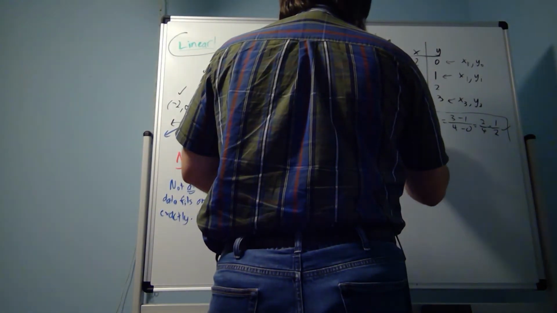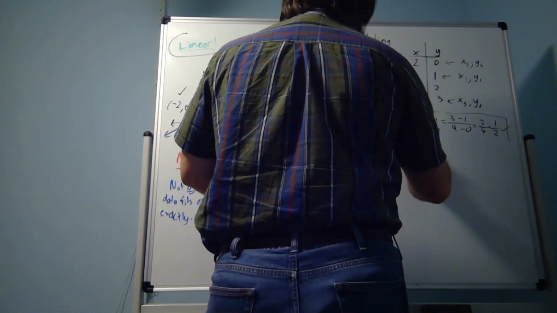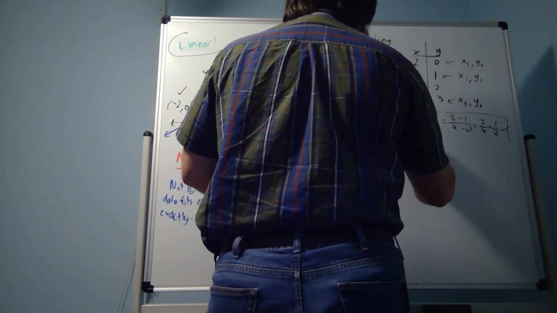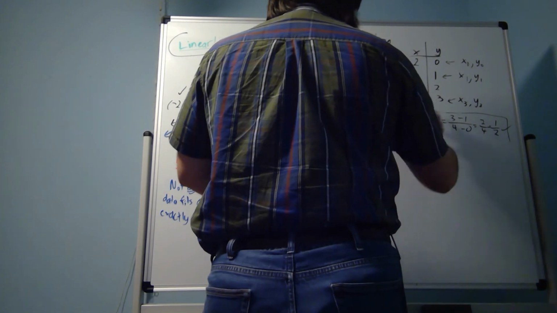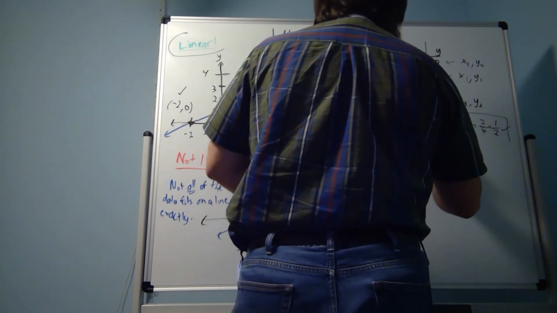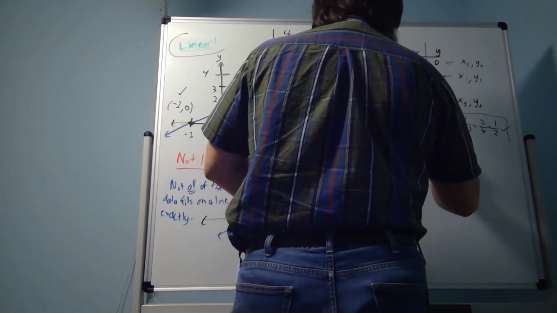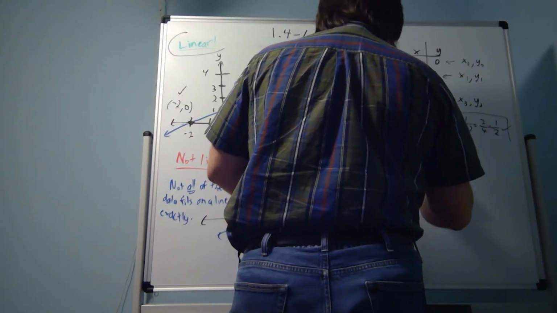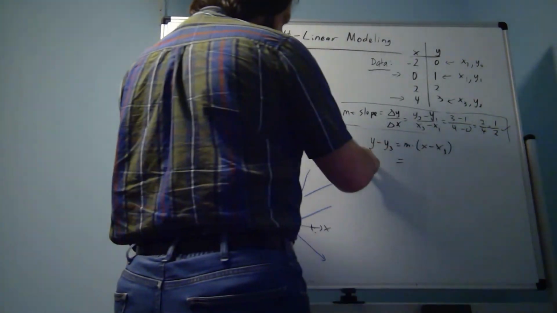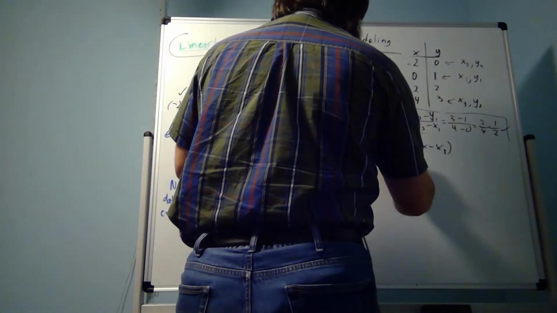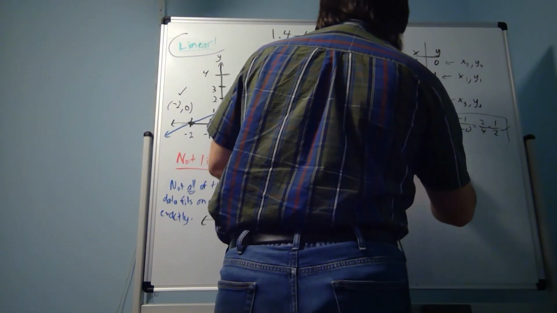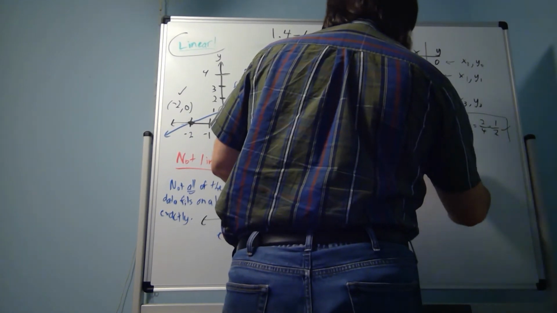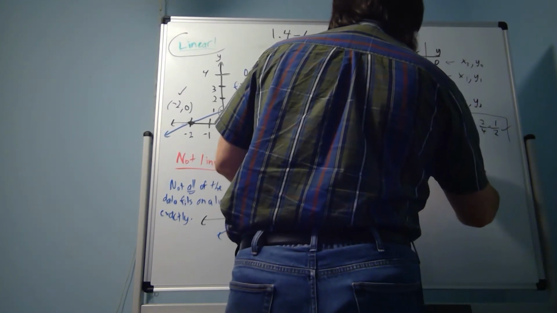Then we have y minus whichever point we want. Doesn't matter. y minus the third point's y equals slope times x minus the third point's x value. So with the point slope formula, we get y minus 3 is equal to 1/2 times x minus 4.